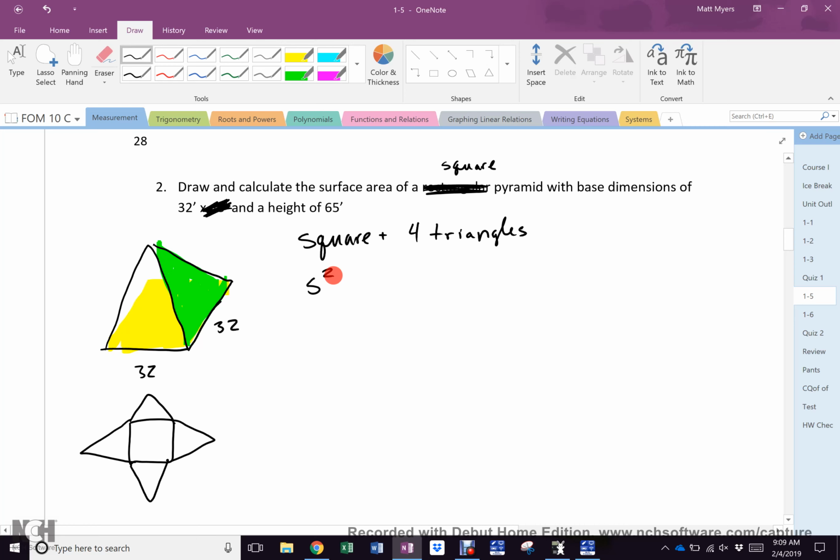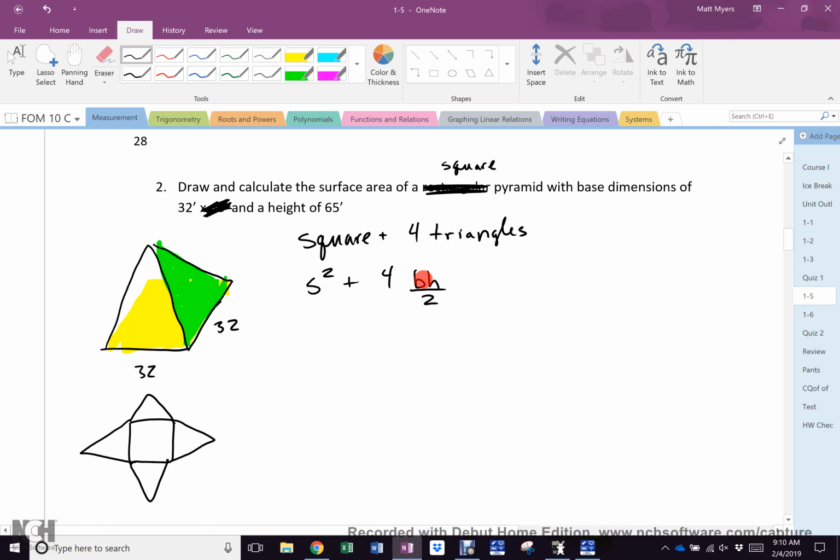Everyone agree? Okay. Plus 4 triangles. What's the formula for the area of a triangle? Does anyone remember? It's on your sheet. Right, it's the base times the height divided by 2, yeah?